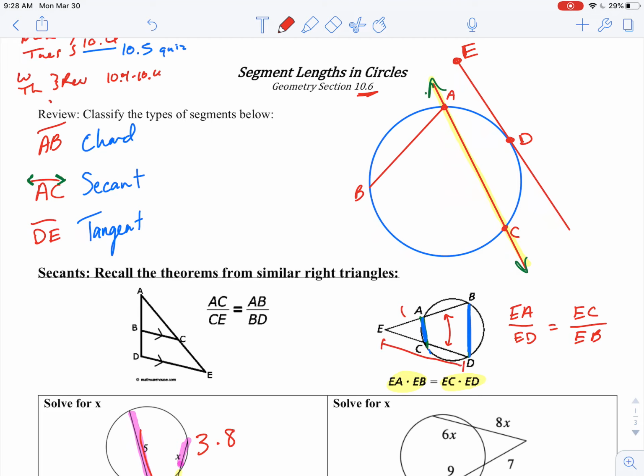So what we're going to do is say EA divided by ED. I'm going to take this segment here and divide it by the full segment across from it. Now do the same thing. Let's say EC over EB.